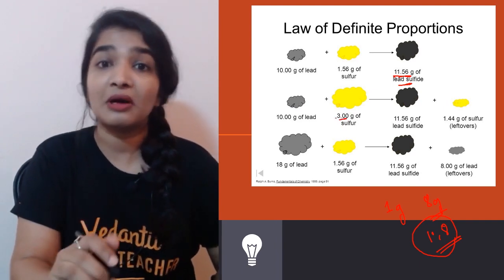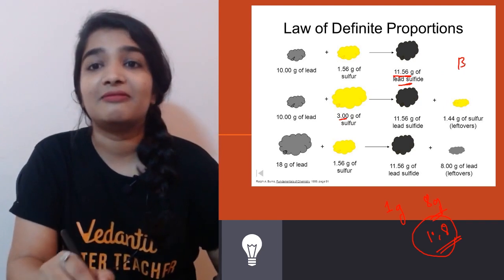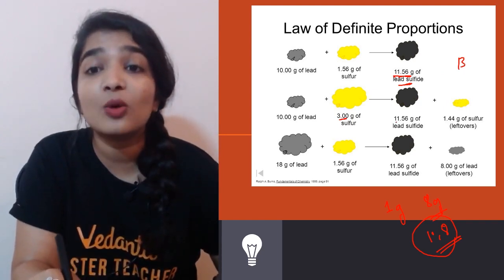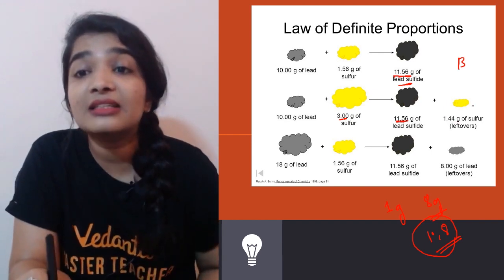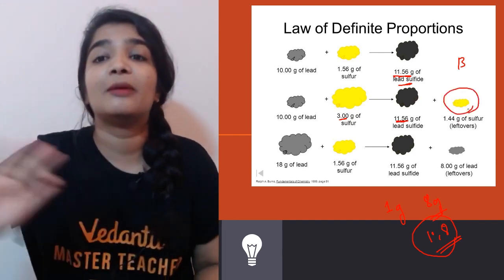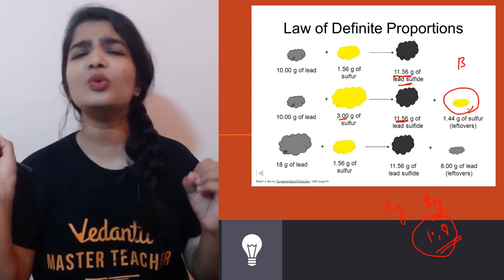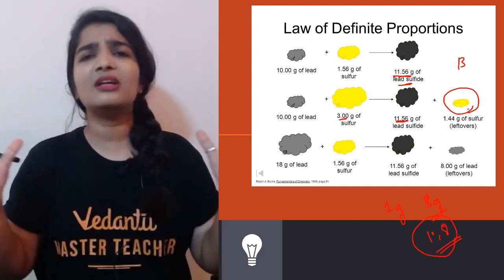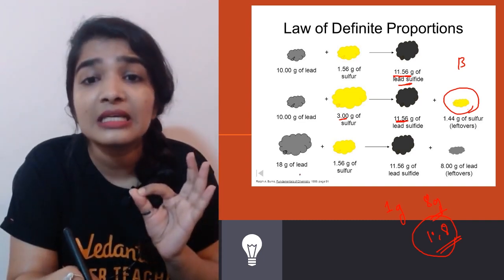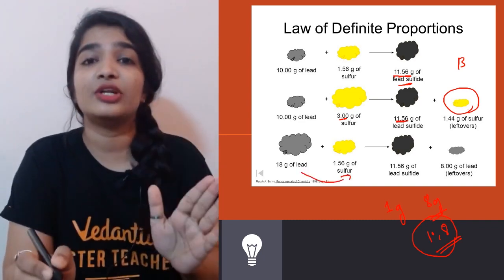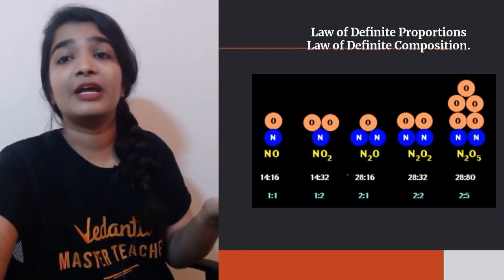So now we will think we will get 13 gram of lead sulfide, but no, you will get only 11.56 gram of lead sulfide. The other 1.44 gram of sulfur will go unreacted. You take any amount of the reactants, but they always combine in a fixed ratio. Yes, this is the law of definite proportion.